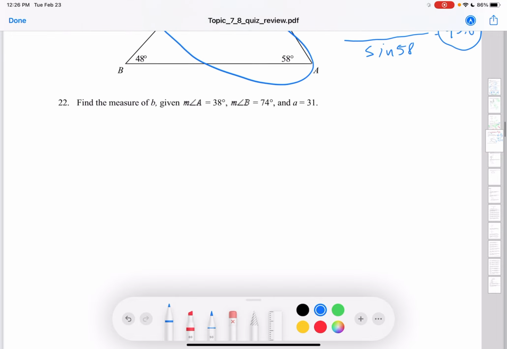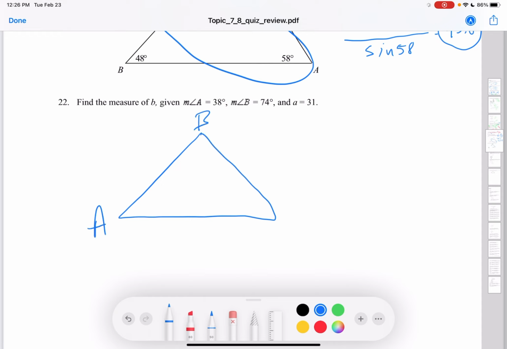Question number 22. Find the measure of B given that A is that, B is that, and C is that. So here's A, here's B, here's C. We know that's 38 degrees. This is 74 degrees. That's B. This is 31. So law of sines again.